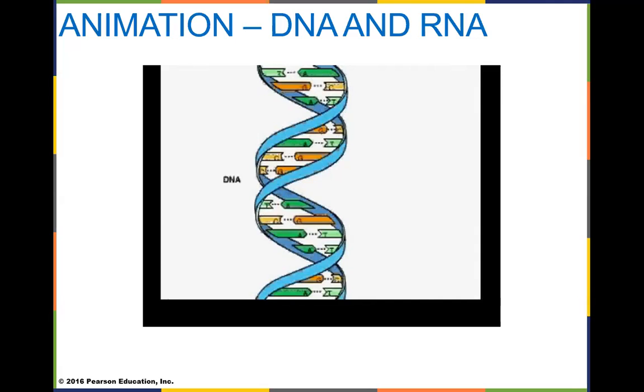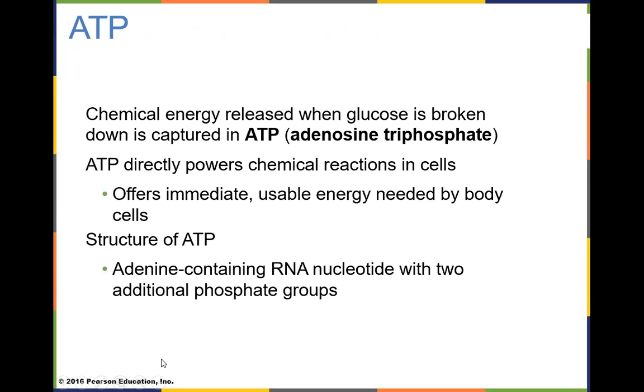The order of the bases pairs up to a unique amino acid. And it's the hydrogen bonding between the bases that causes this twisting of the DNA molecule into its characteristic double helix.